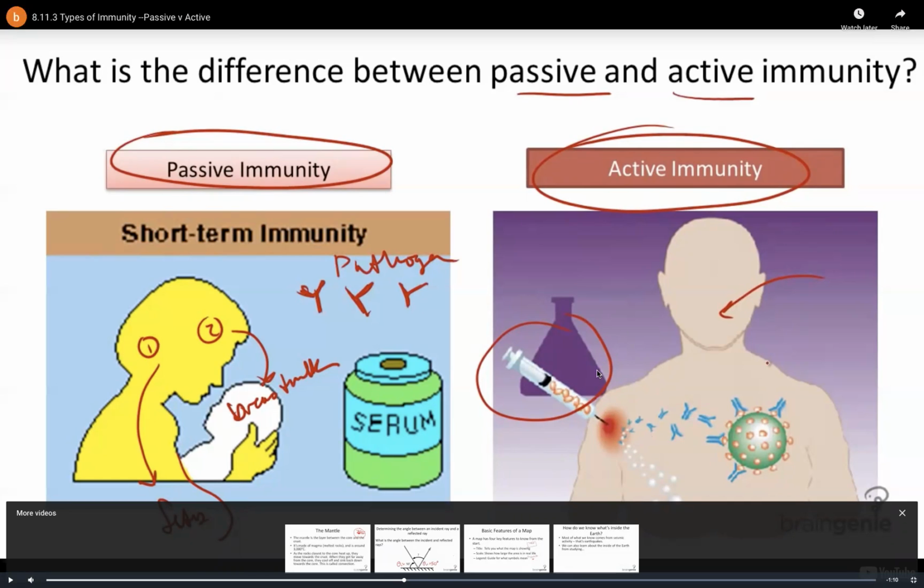You either get a vaccine, which has an attenuated virus or pathogen. And attenuated means we took out its claws and we only showed the body the jacket, so that the body can identify what the thing is.